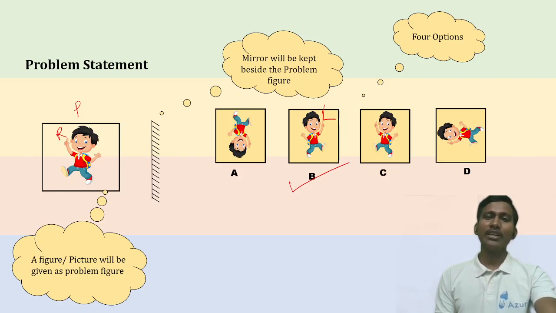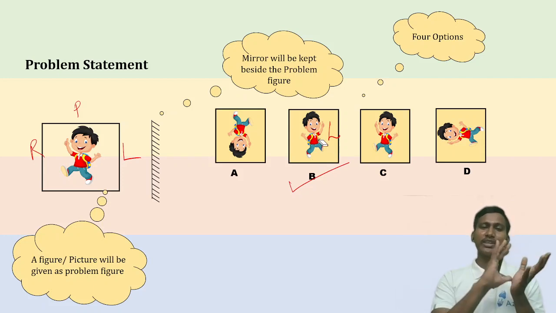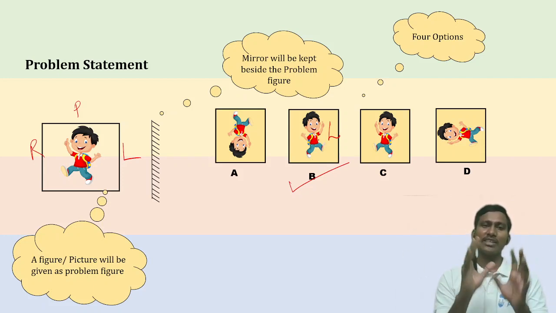Okay, and if you see the leg, which leg has he raised? Here it is the right leg. So this is the right side and this is the left side, and here it looks as if he has raised the left side leg. So here what is the change? Right becomes left, left becomes right, everything else is the same.